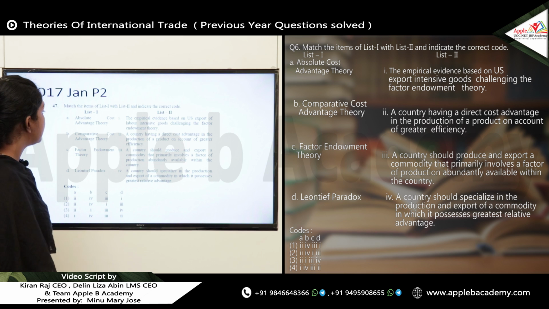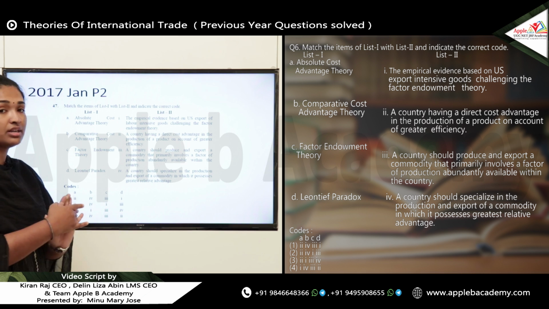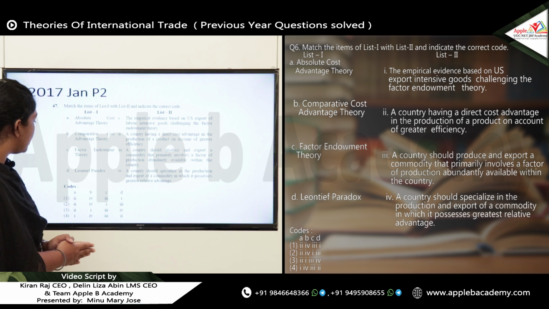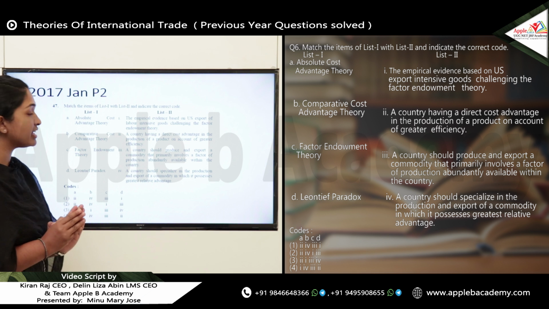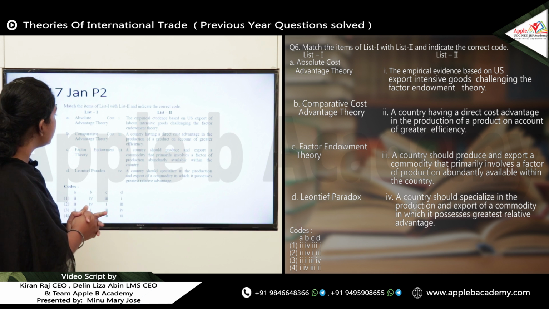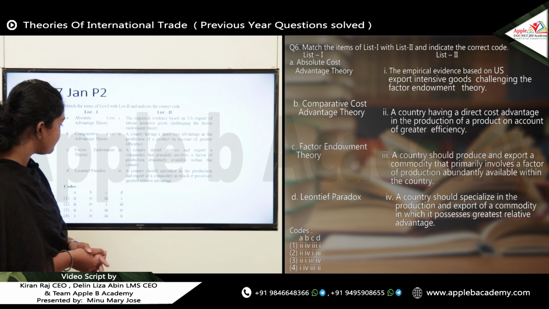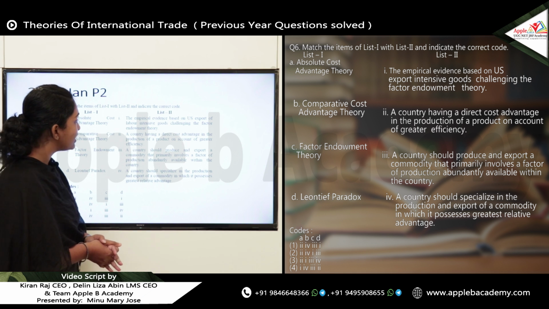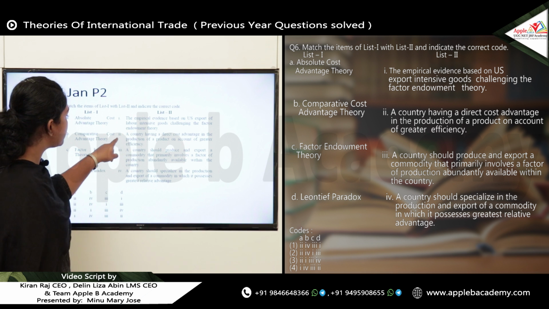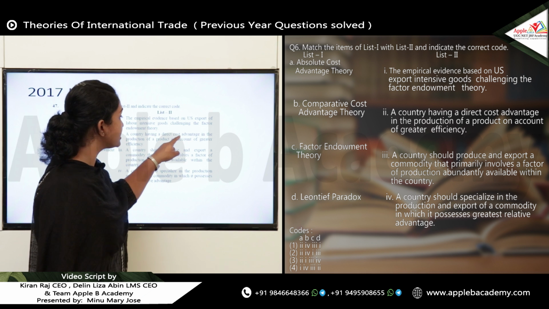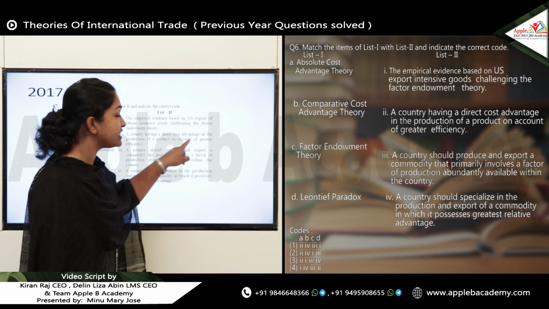Now 2017 January paper 2, this is also a match the following question, exactly on the 4 international trade theories or international trade theory concepts that we have discussed. The first one is the absolute cost advantage theory. This can be matched with option 2 from list 2, that is, a country having a direct cost advantage in the production of a good on account of greater efficiency.